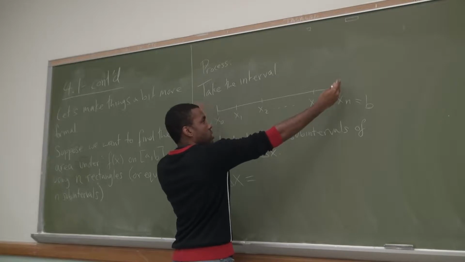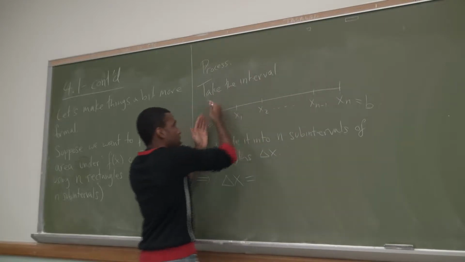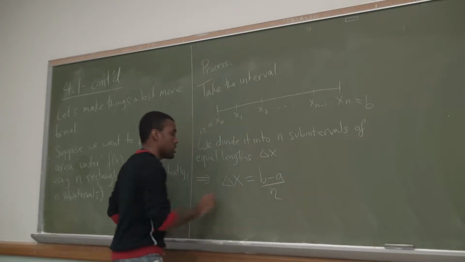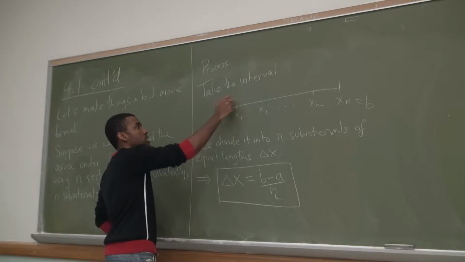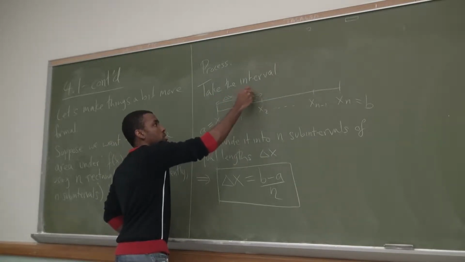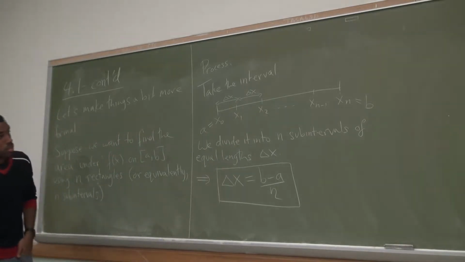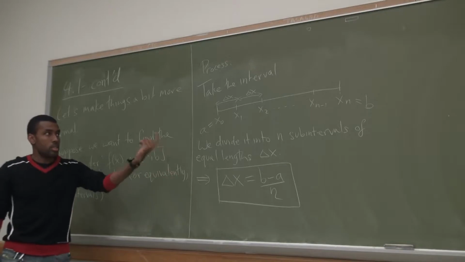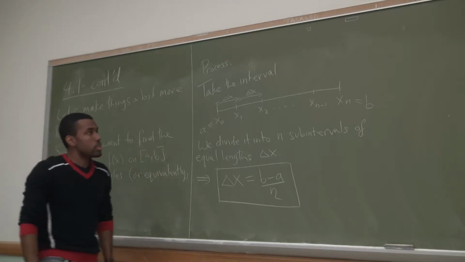The length of this is a horizontal distance, so it's the right minus the left. So this gives you the general equation for delta x, where delta x is just the space between these points. They're all delta x. So the first thing you're going to figure out is what your delta x is. How much spacing do you need?